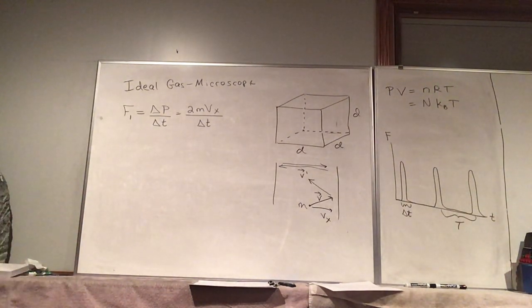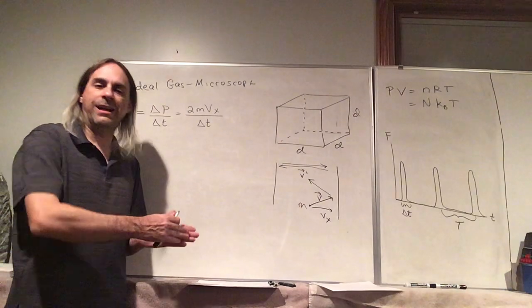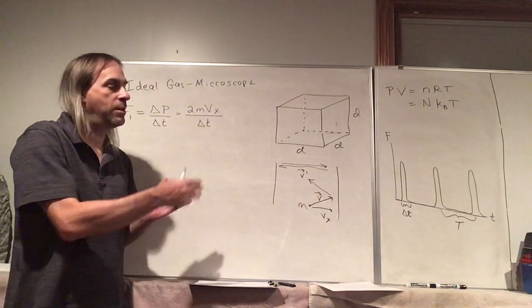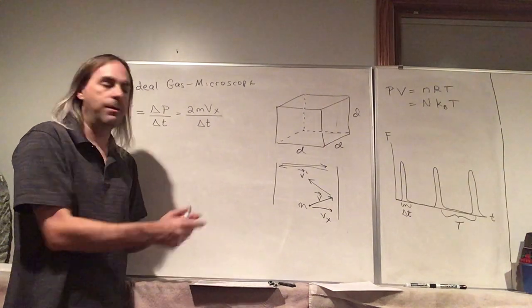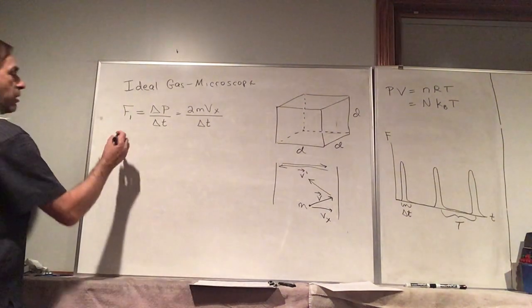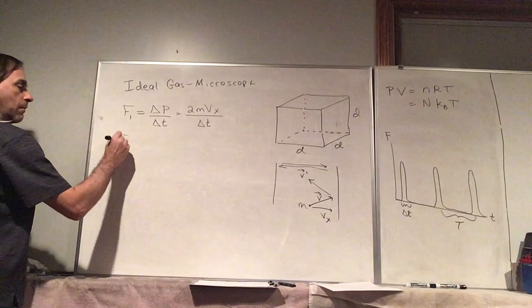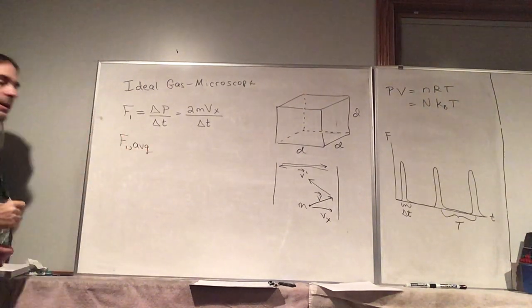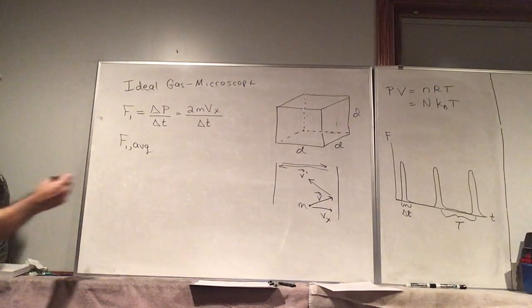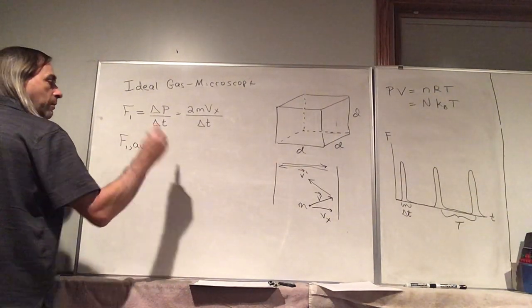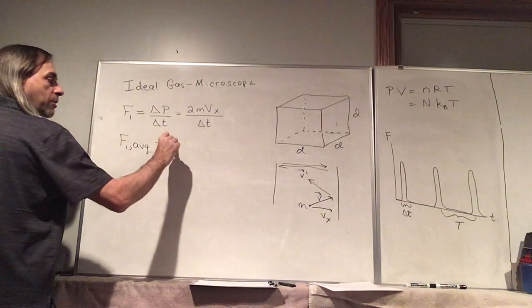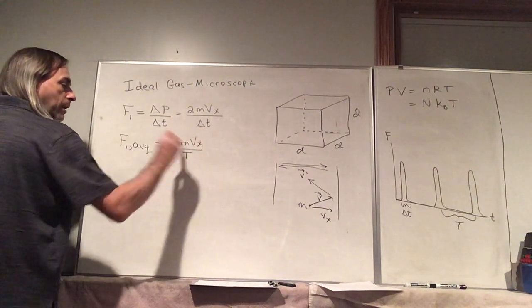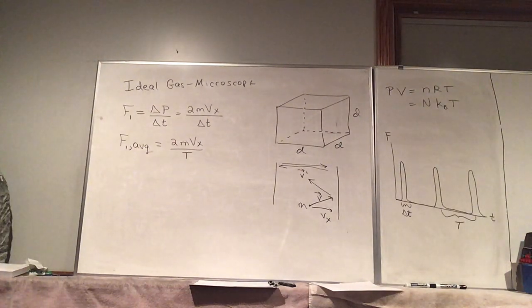Or again, if you took a long-term average, long compared to that period, then the average force, we'll still call it F1 average because it's one particle bouncing around, would be 2mvx over capital T, the time between collisions.